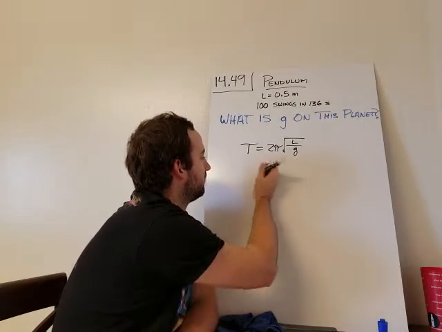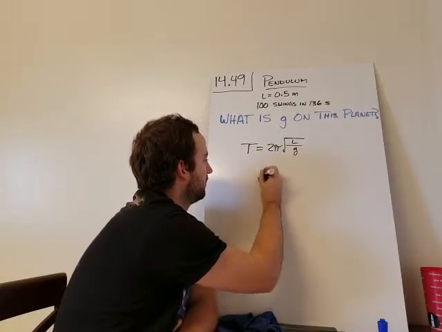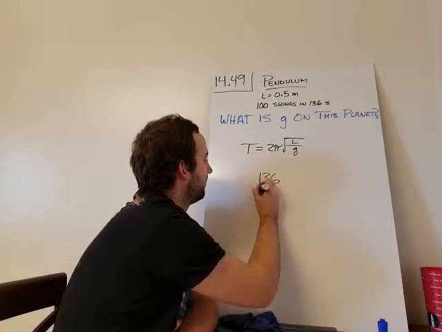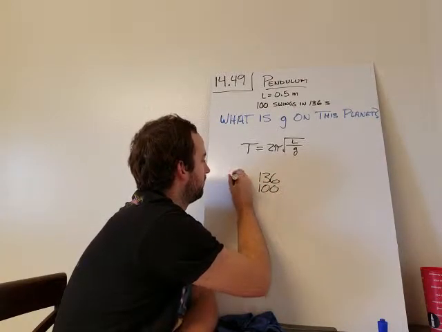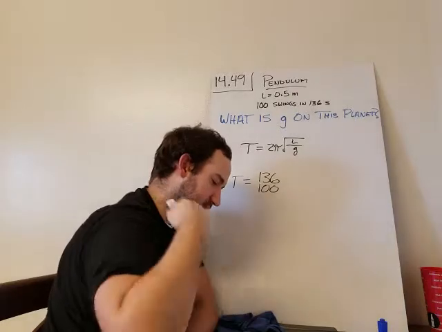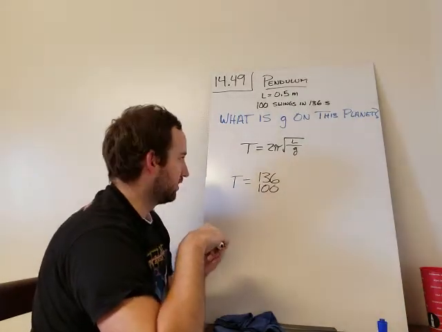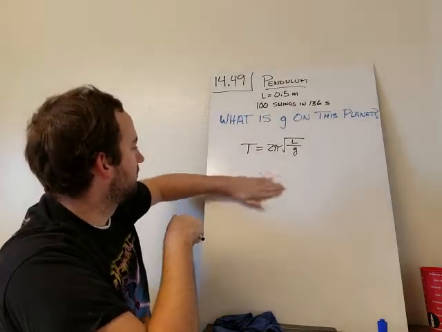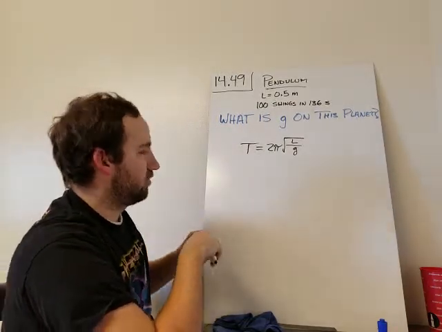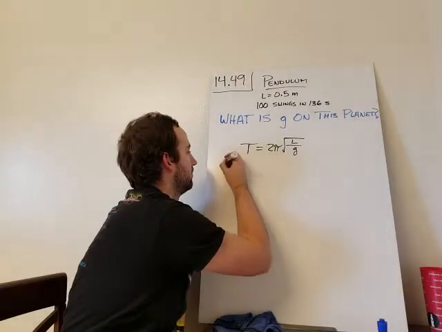So we'll divide 136 by 100, and that will equal our period. When we do that, we end up getting that our period is equal to 1.36 seconds.